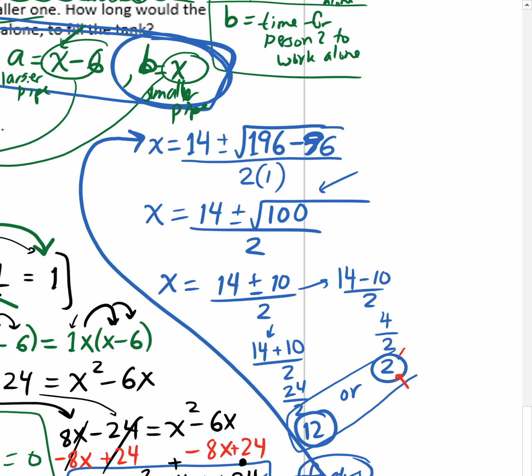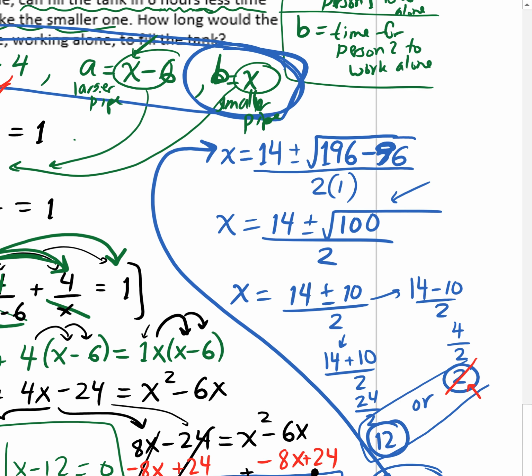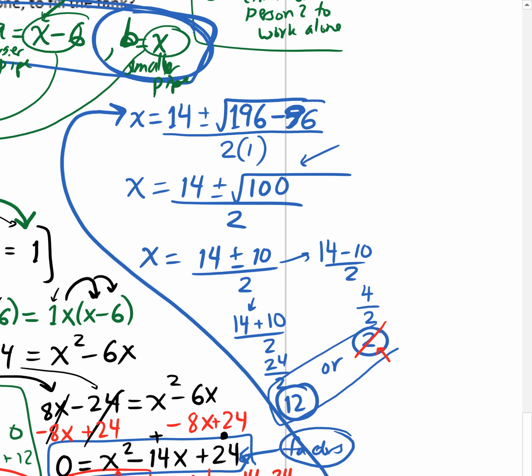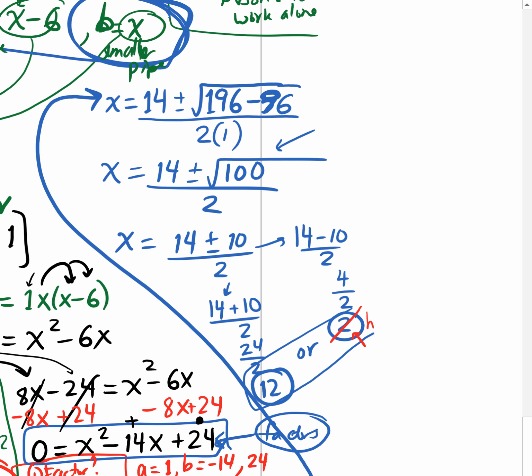We're going to have to throw this guy away because, let's say it took the smaller pipe 2 hours to fill the thing. That would mean that the larger pipe's time, like we wrote up there, is x minus 6. So the time for the larger pipe would be 2 minus 6, or negative 4 hours. That doesn't make sense. So as soon as a solution produces a negative value, when you plug it in anywhere, it's no longer good. So this must be it.